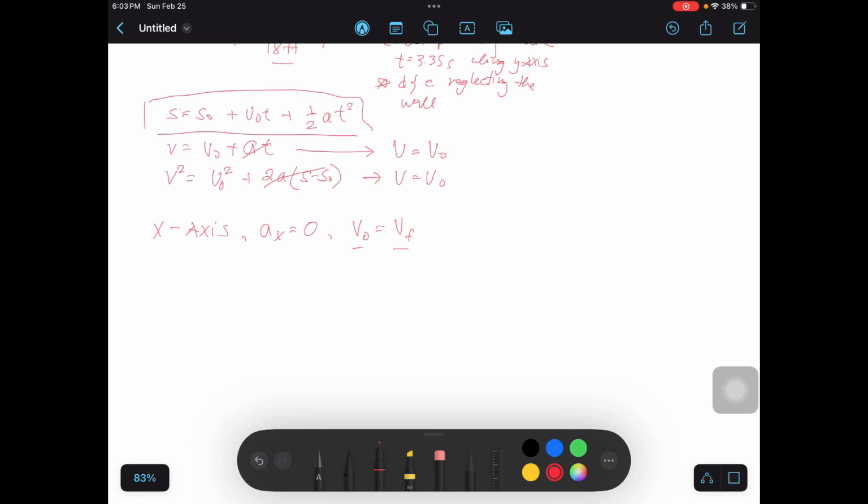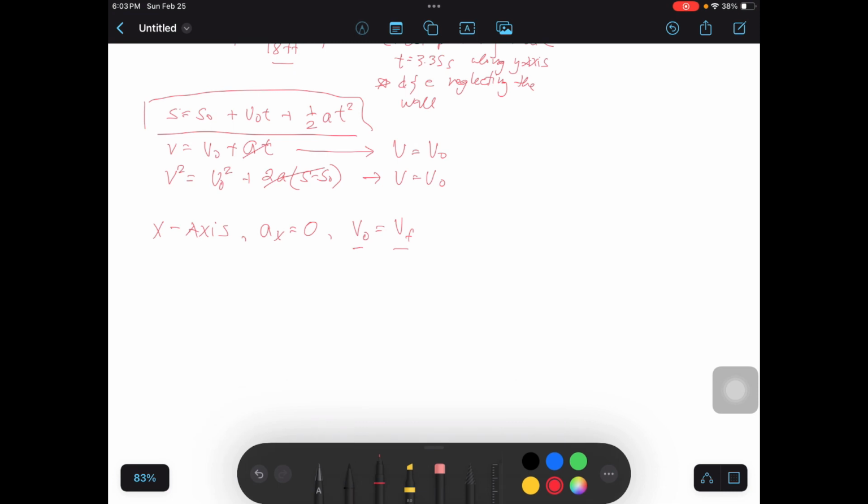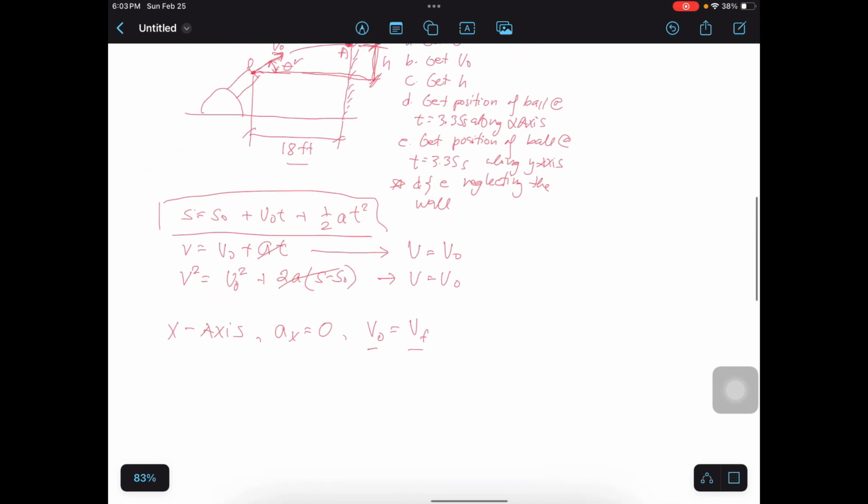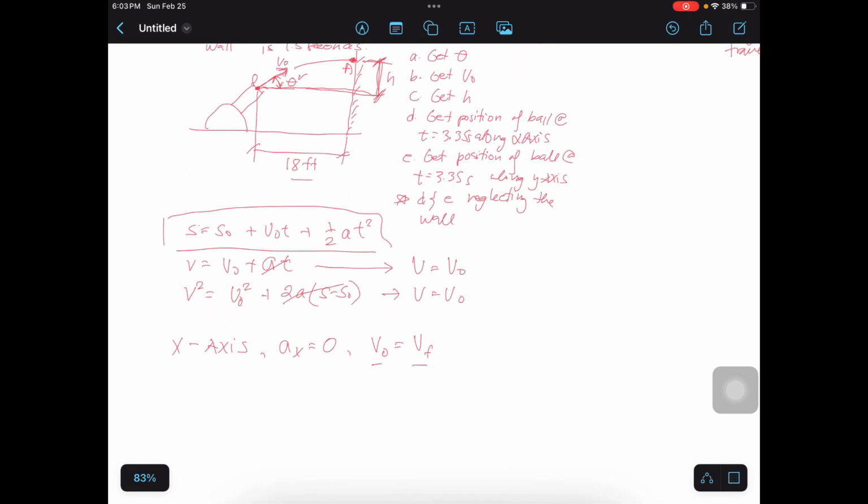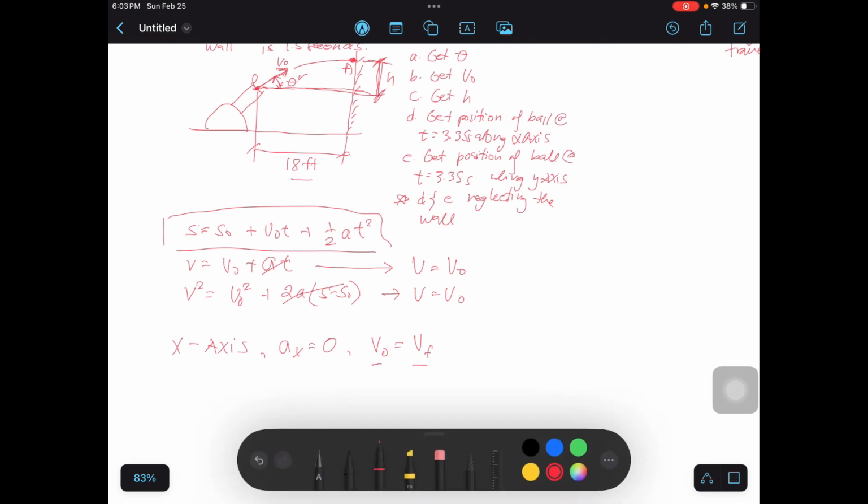equation. So, what if we use this equation, ano ang mga given values natin from the problem? At point O, S is 0. Along X tayo. We're evaluating the motion along the x-axis. So, SOX natin is 0. VO natin along X is unknown.